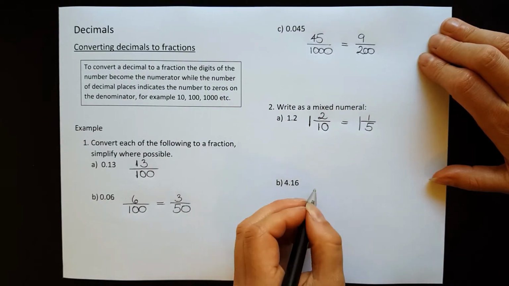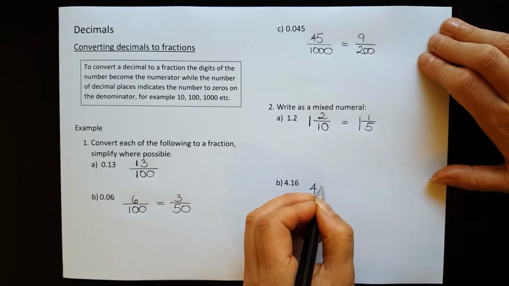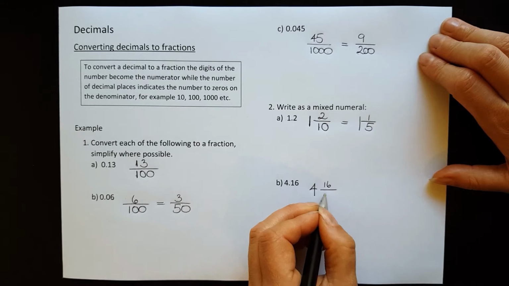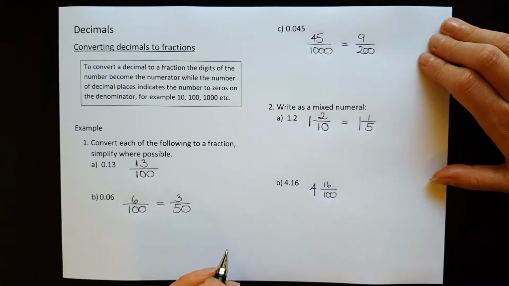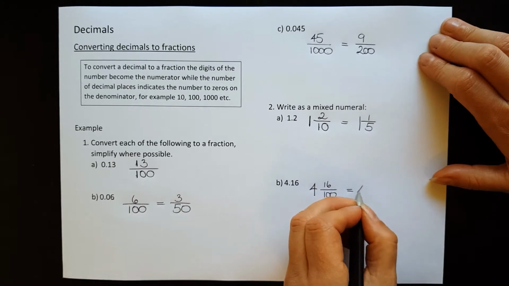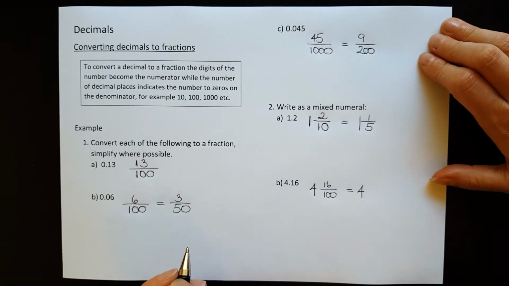For B, the 4 will be out the front, 16 goes on the top, over 2 decimal places means 100. Now, I can simplify 16 over 100. I could divide by 2. I could even divide by 4, but I might start by dividing by 2 just to show you that you can do multiple steps.